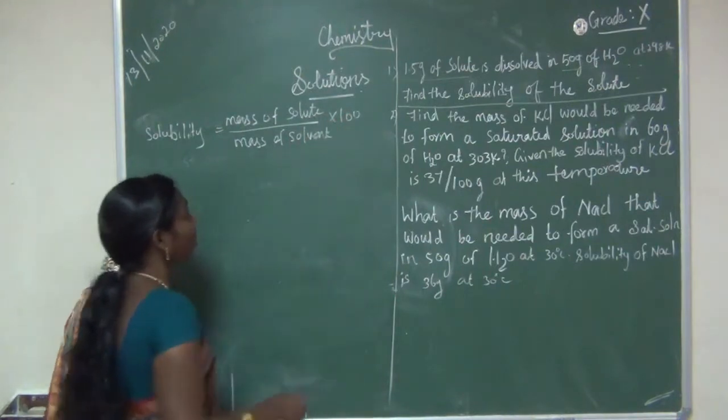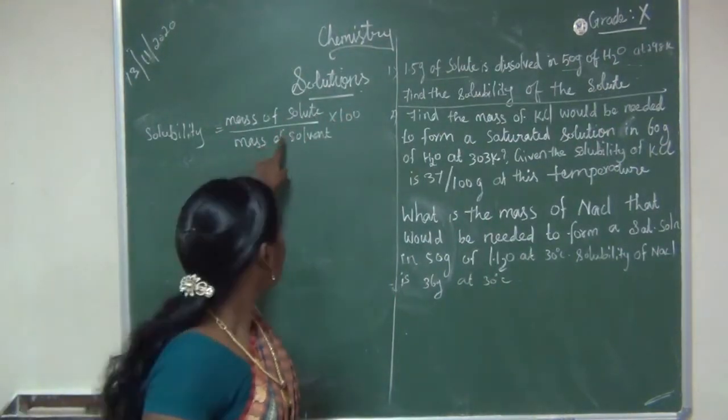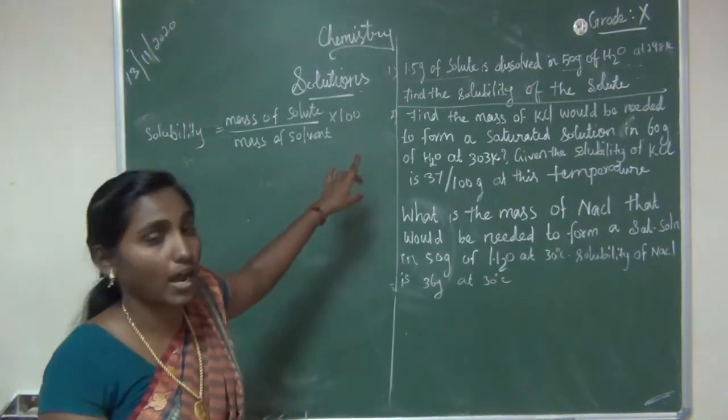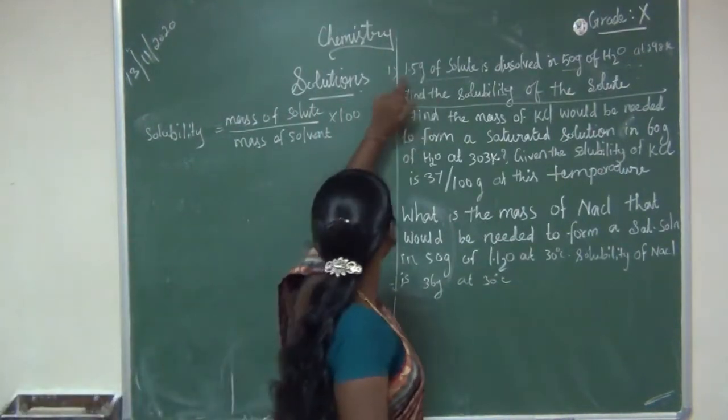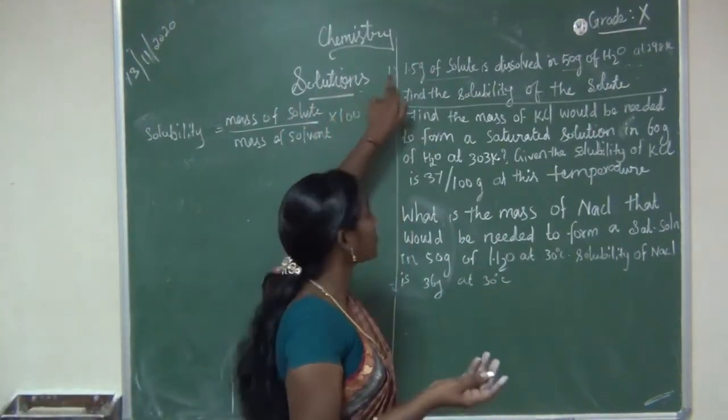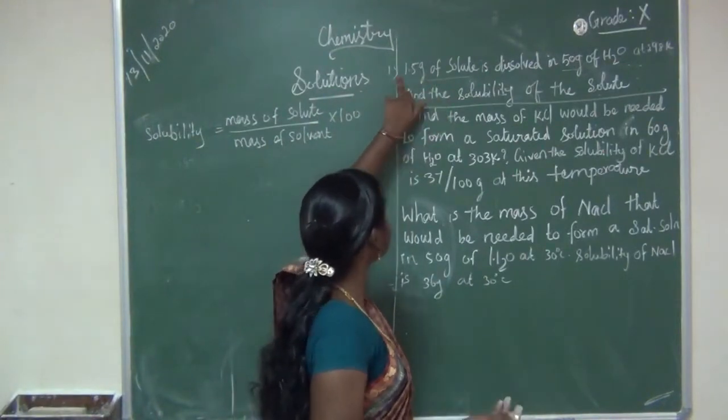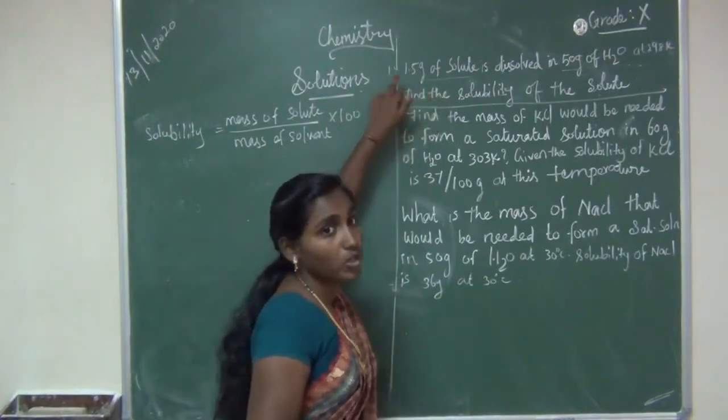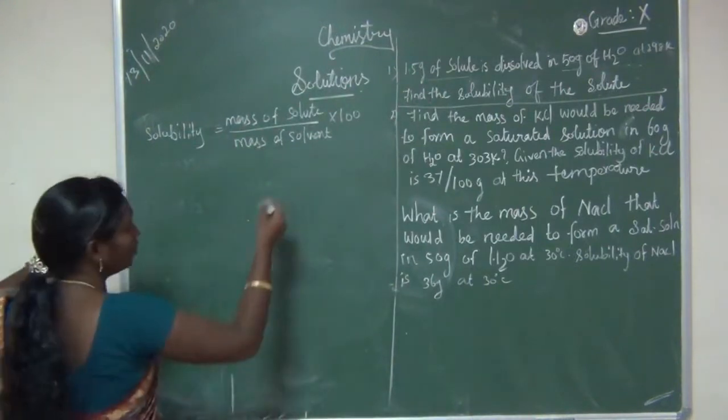Here mass means weight, right? So how many grams of solute are given? 1.5. So 1.5 gram of solute is given.